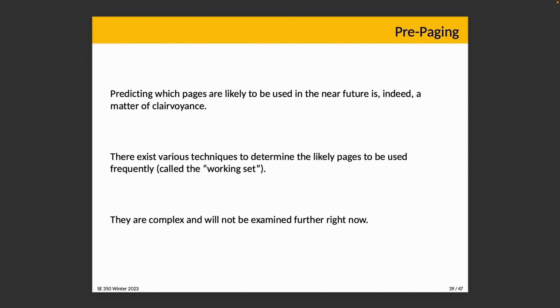Predicting which pages are likely to be used in the near future is a certain amount of clairvoyance. There do exist techniques to determine likely pages to be used frequently, which are sometimes called the working set. That's kind of complex. We're not going to talk about it in this course, but there are situations where you might want to try to predict things.